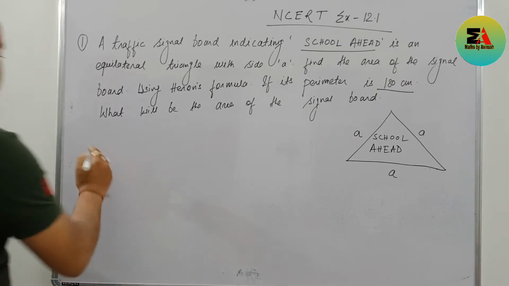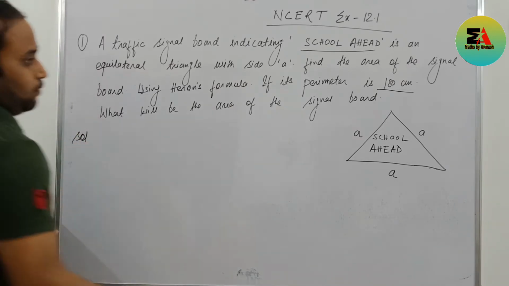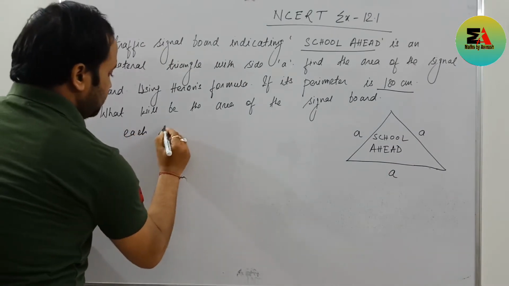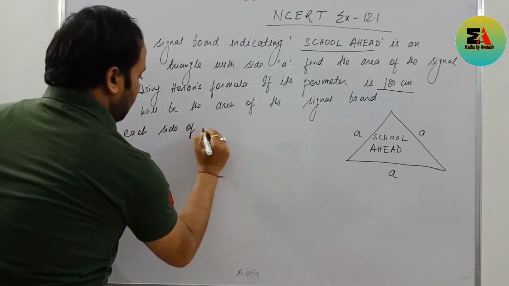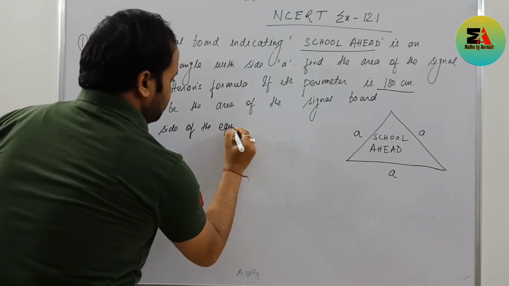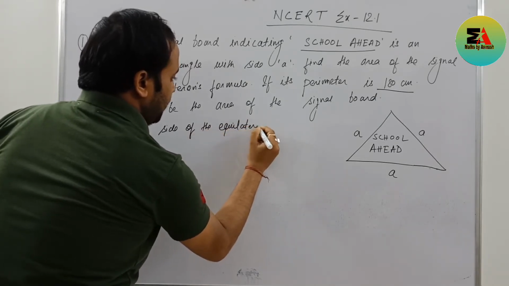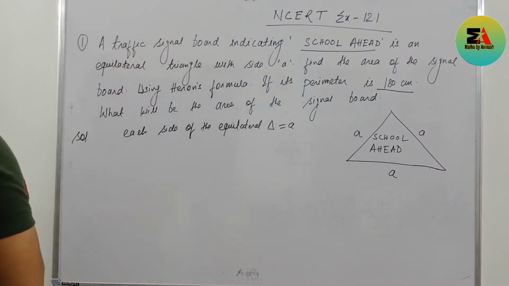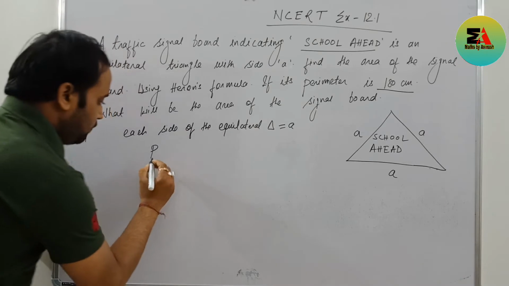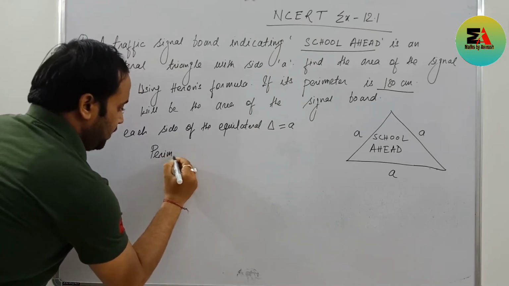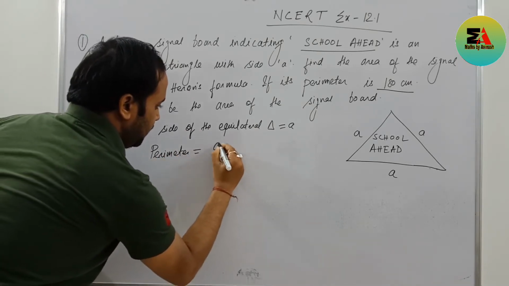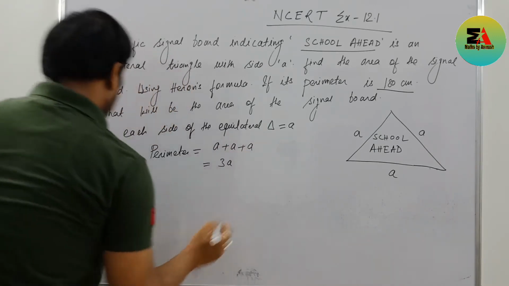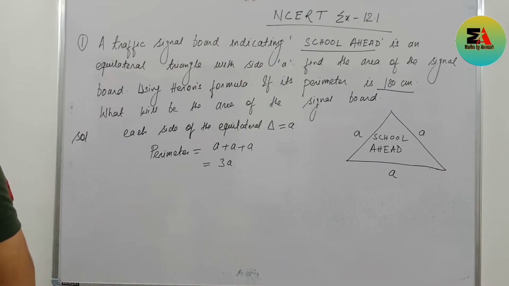First of all, we know that each side of the equilateral triangle be a, therefore the perimeter will be a plus a plus a, which becomes 3a. I hope this one is clear to you.